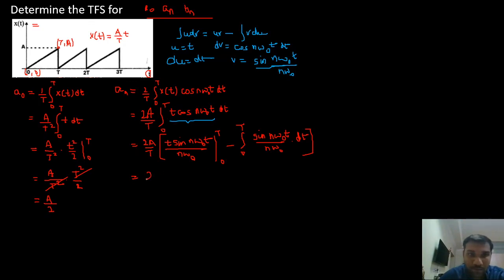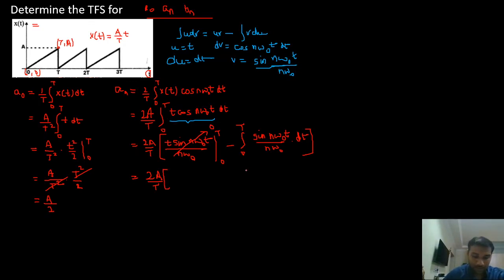So here I have 2A by T. Sine 2n pi is 0, and if I substitute t equal to 0, it is 0. So this whole thing reduces to 0.